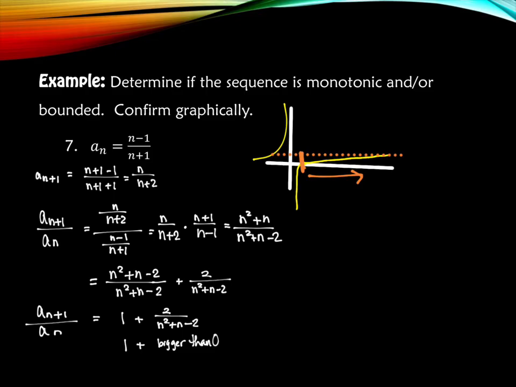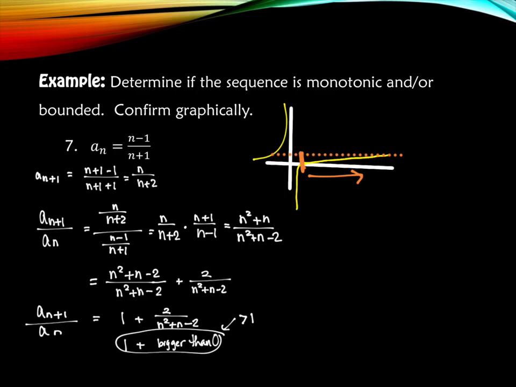It's positive. So when I add the number 1 to something positive, I'm going to get something bigger than the number 1. So this expression right here is greater than 1. Agreed?